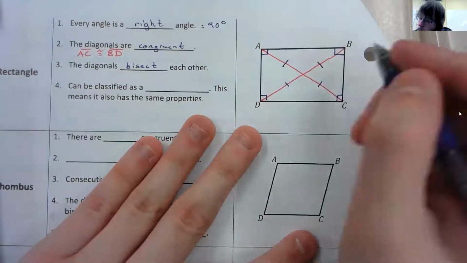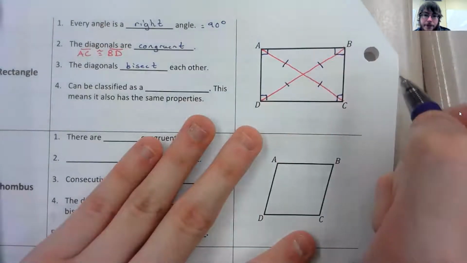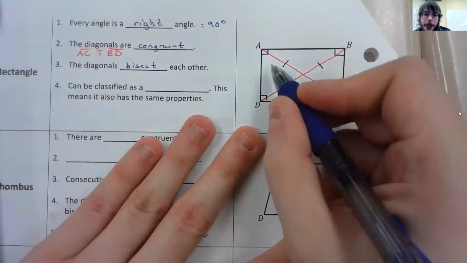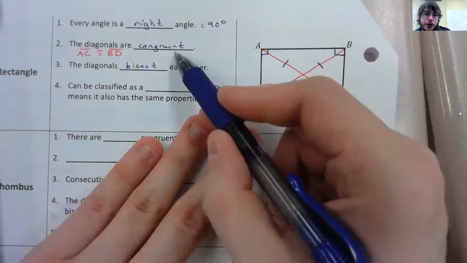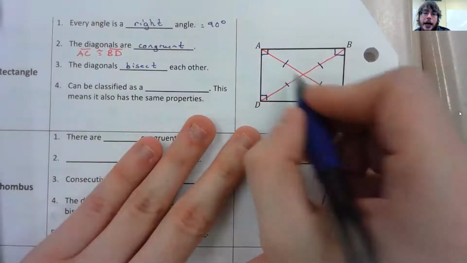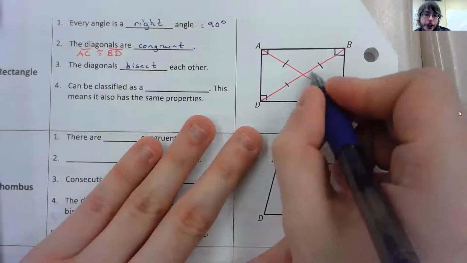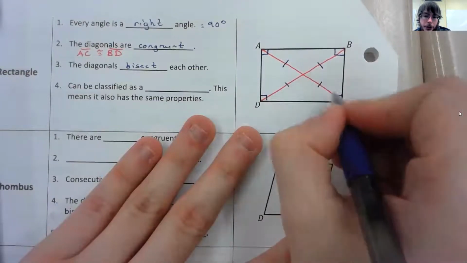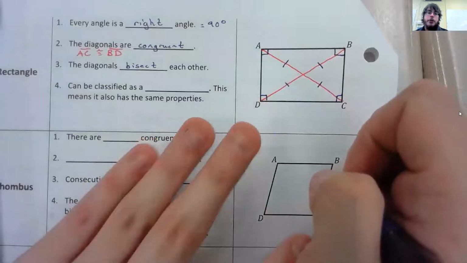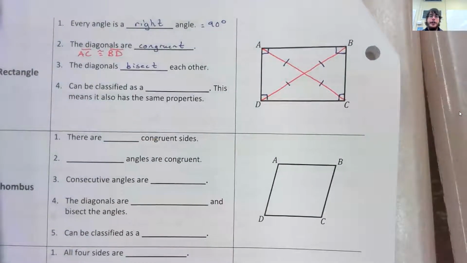Basically, let's say that one of the diagonals was 10. That would mean the other diagonal's 10 as well because they're congruent. Well, if you bisect it, that means you split it in half. So this would be 5, this would be 5, this would be 5, and this would be 5 because they have to split each other into equal parts.